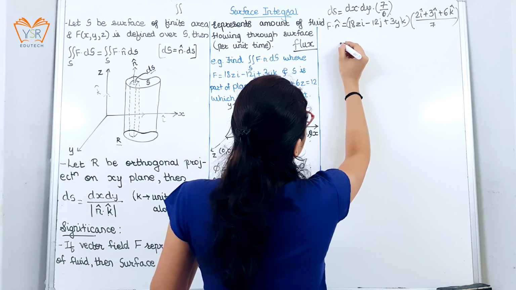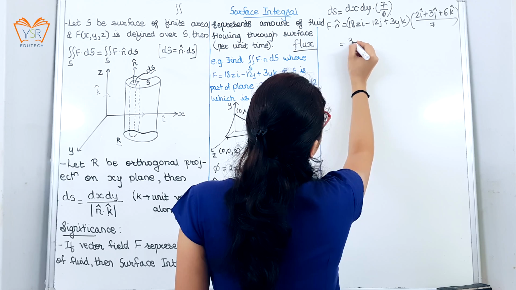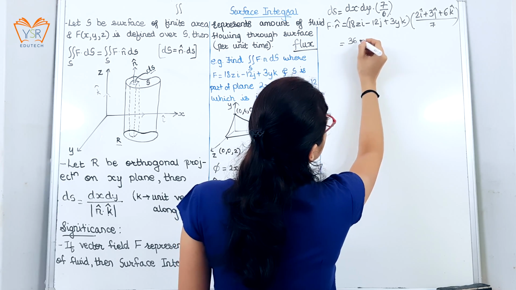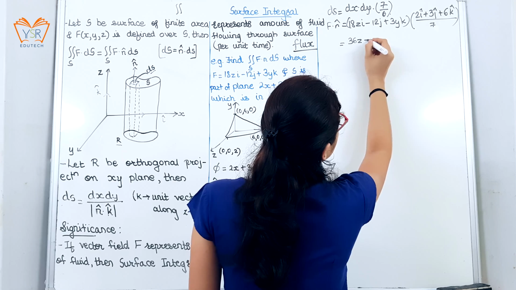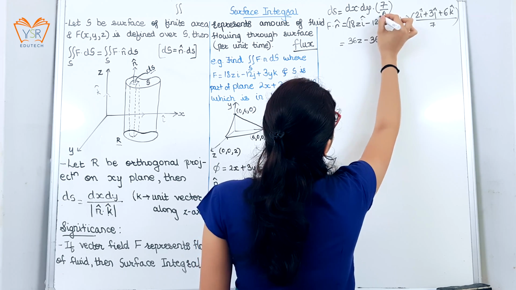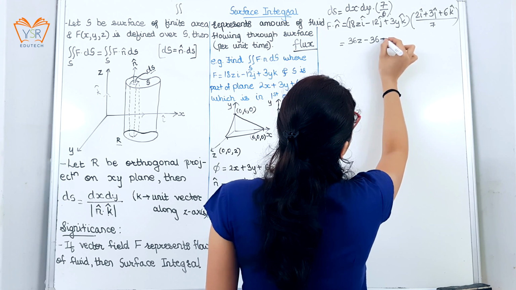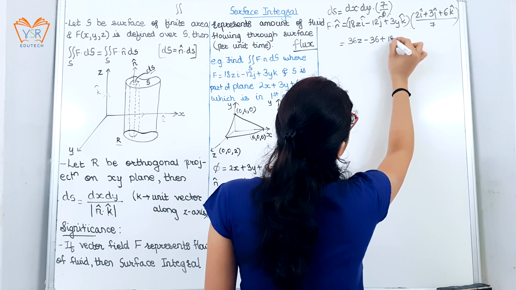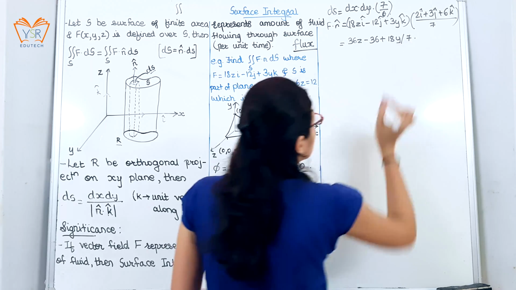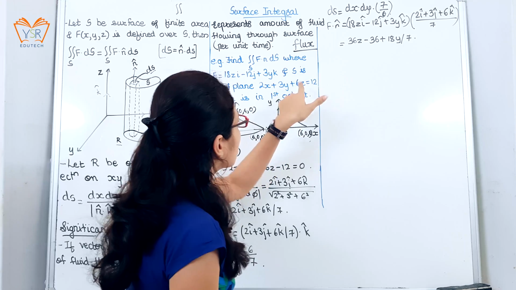Here we get 18z minus 36 j cap plus 18y divided by 7. Now substitute the value of z from this equation.